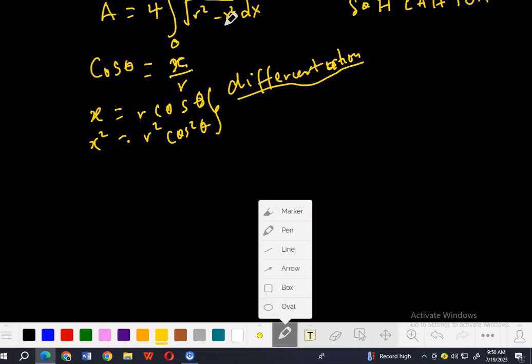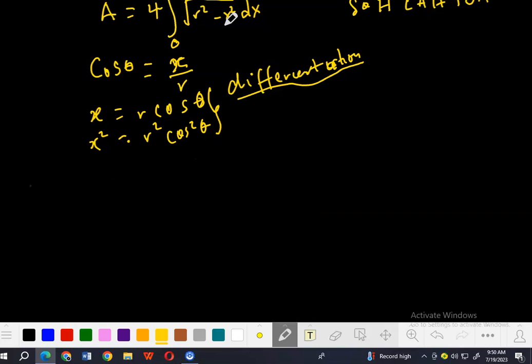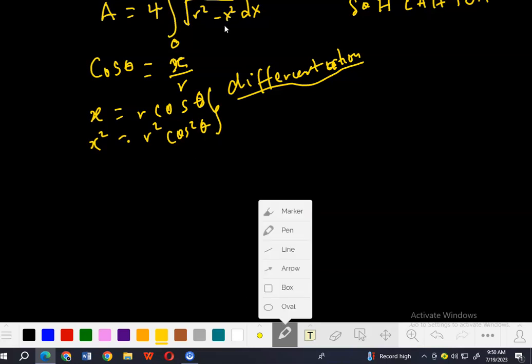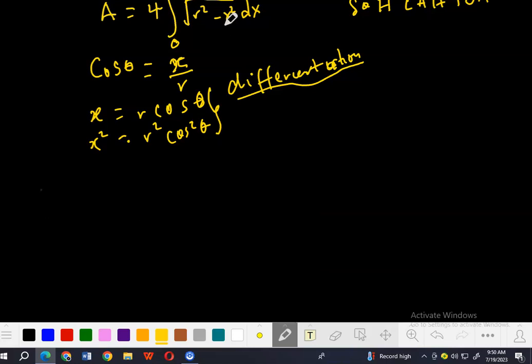So if we differentiate this value here, x, what do we get? We will get dx. When you differentiate x, you will get dx. Write dx.